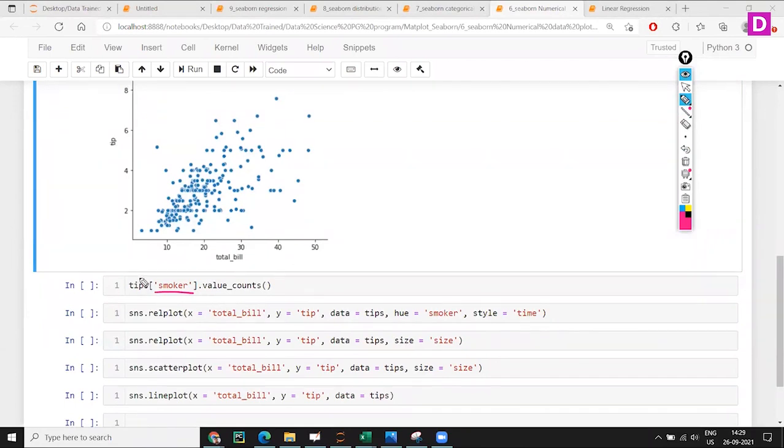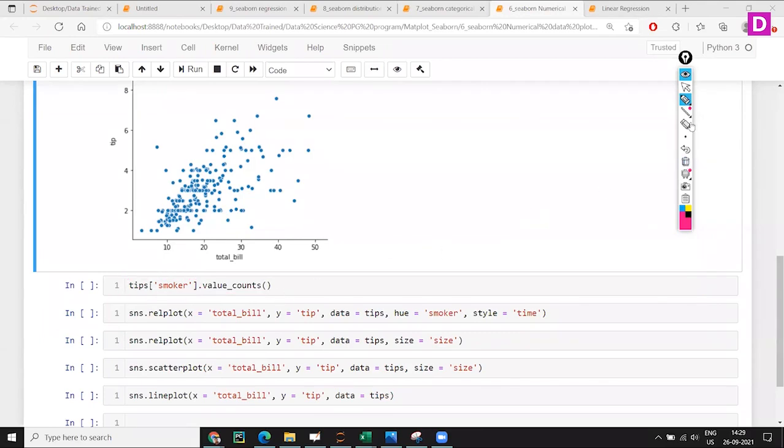How do I get this? This is the data set, and I select the smoker column dot value_counts(), parenthesis open and close.